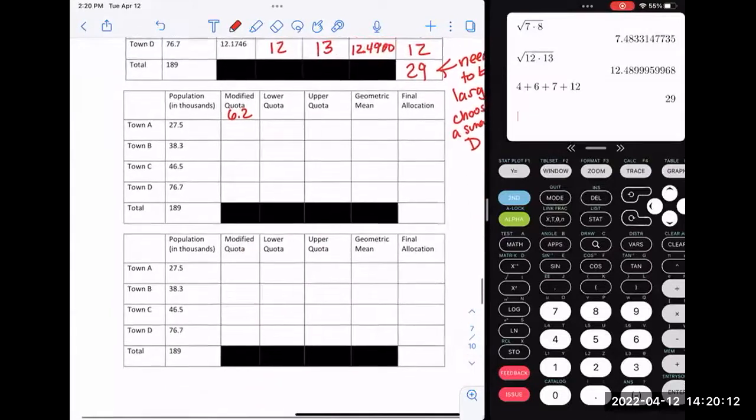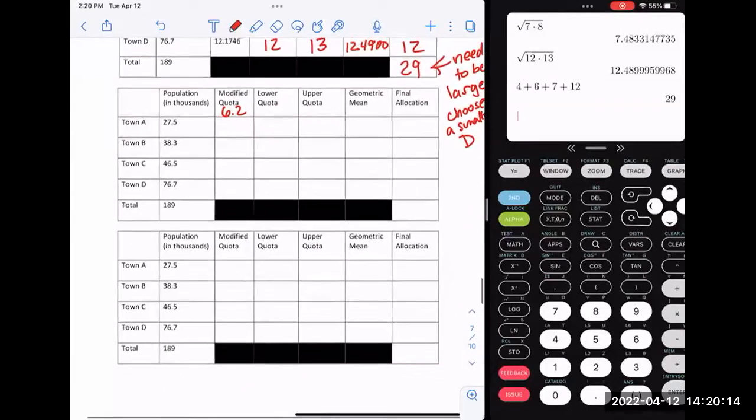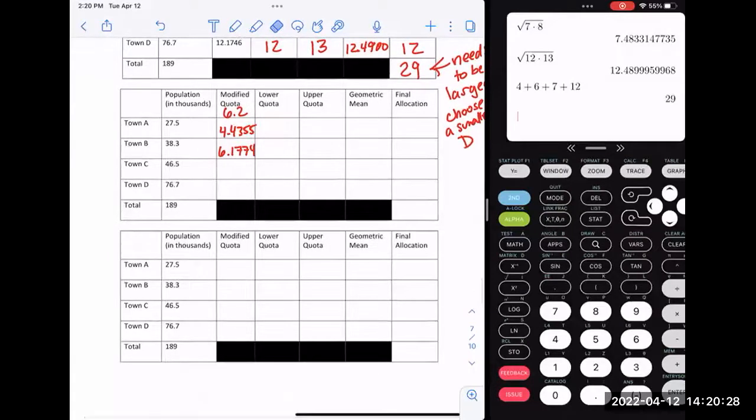I'll just copy them down here again, but we basically already did this on a previous problem. So we had 4.4355, 6.1774, 7.5, and 12.3710.